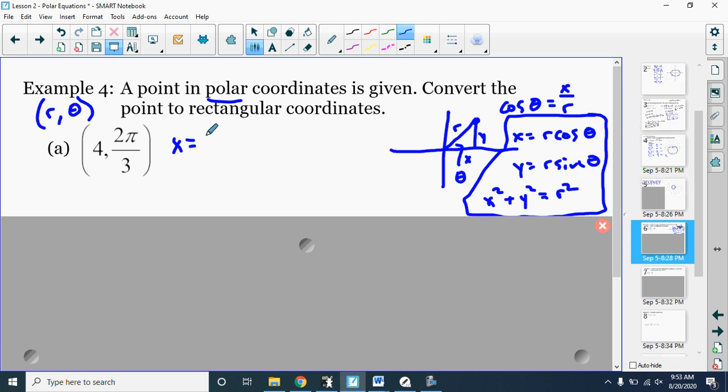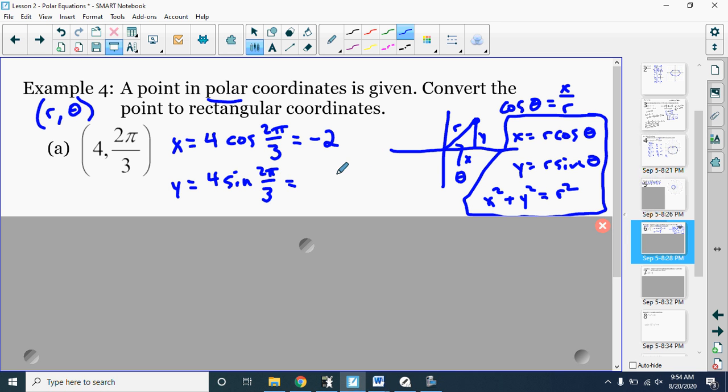So x equals r times cosine theta. Cosine of 2 pi over 3 is negative 1/2 times 4. And we've got r sine theta.